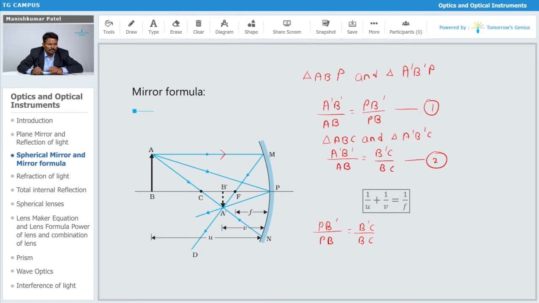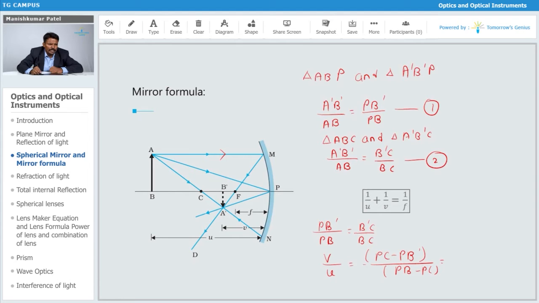Now PB dash is nothing but your V, and PB is nothing but your U. Again B dash C, if you observe carefully, is nothing but PC minus PB dash, and BC is PB minus PC.